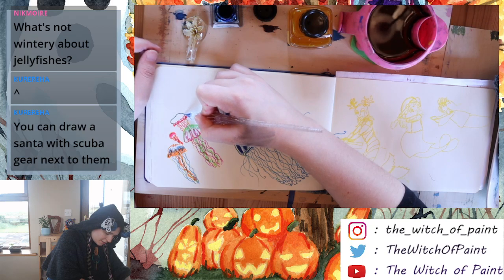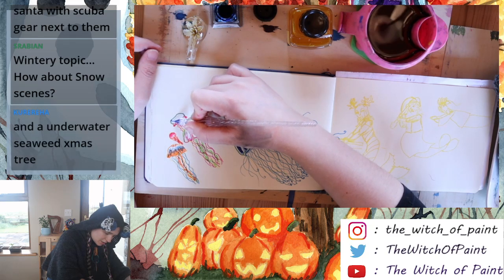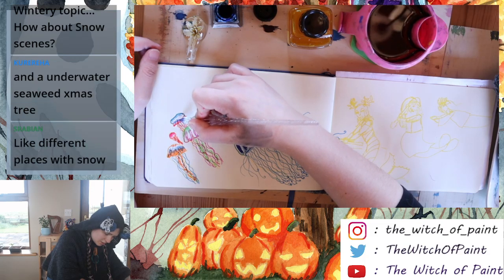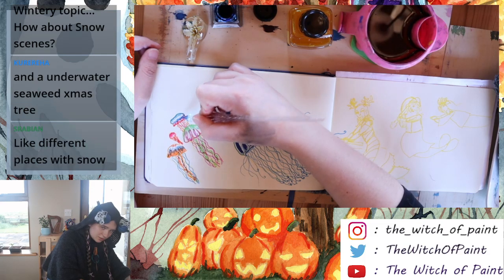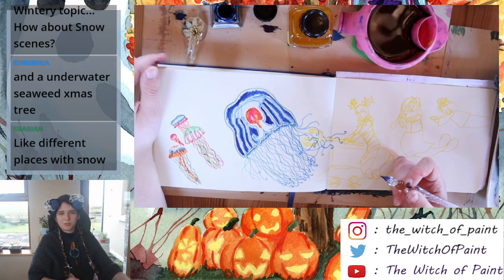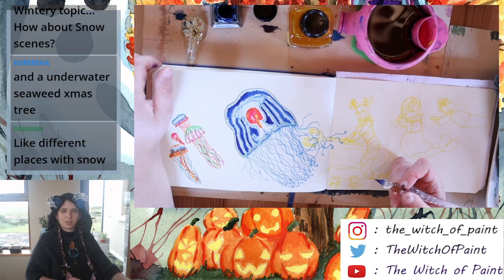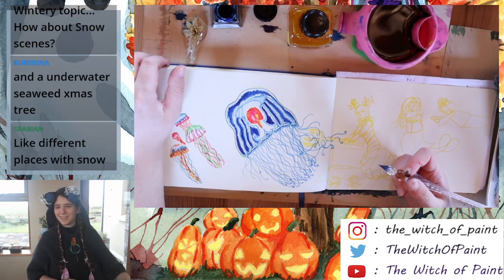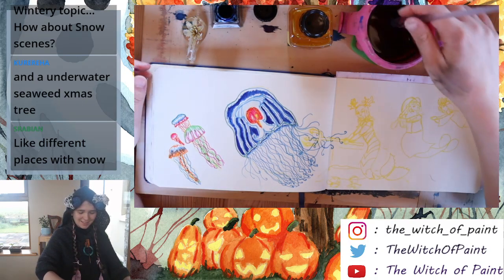There's lots of other little things out there that are wintry. Like different places with snow. How about snow scenes? And an underwater seaweed Xmas tree. You can draw Santa with scuba gear next to them. Oh my goodness, that sounds so much fun.